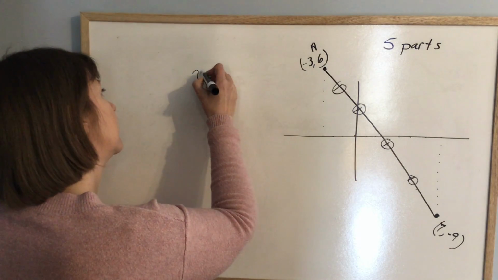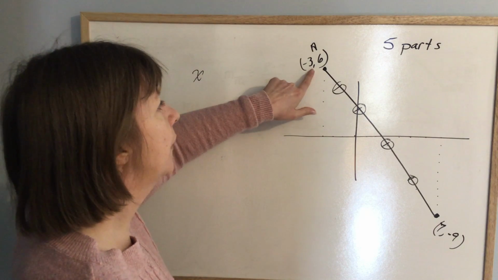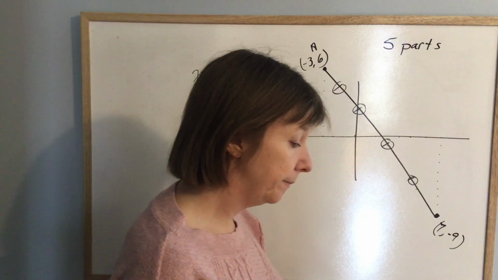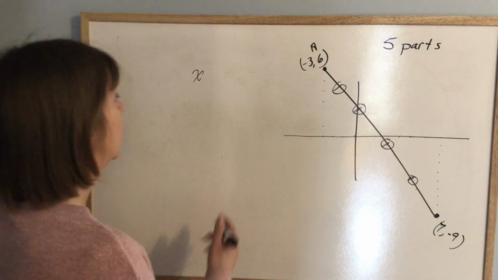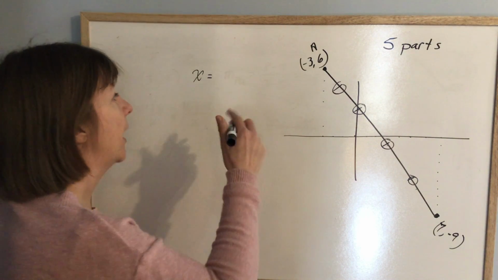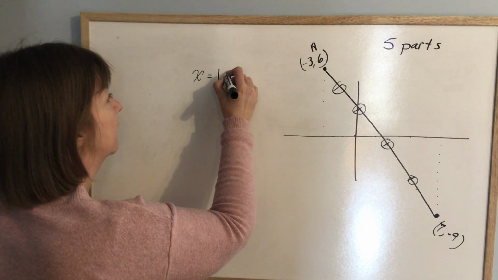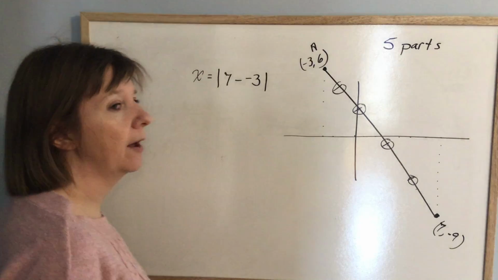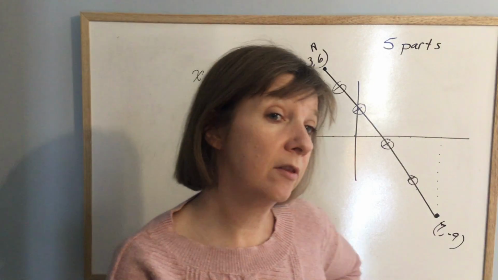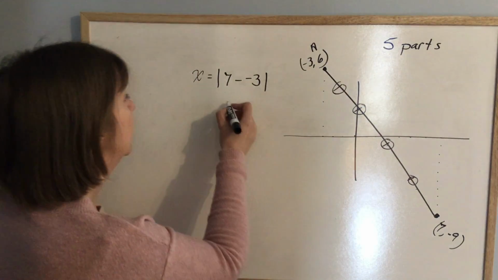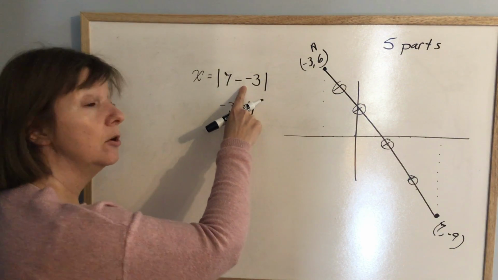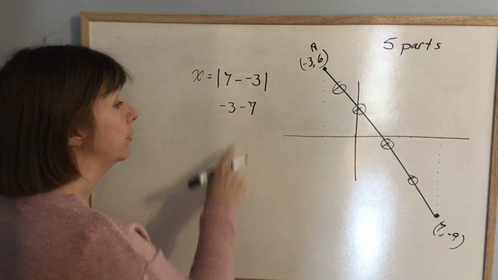So for x's, what I want to know is how far is it from -3 to 7? Now what you actually do with that is you subtract. You do 7 take away -3. Now the reason why I put absolute value signs there is if you did it the other way, if you did -3 take away 7, here you end up with +10, here you end up with -10.